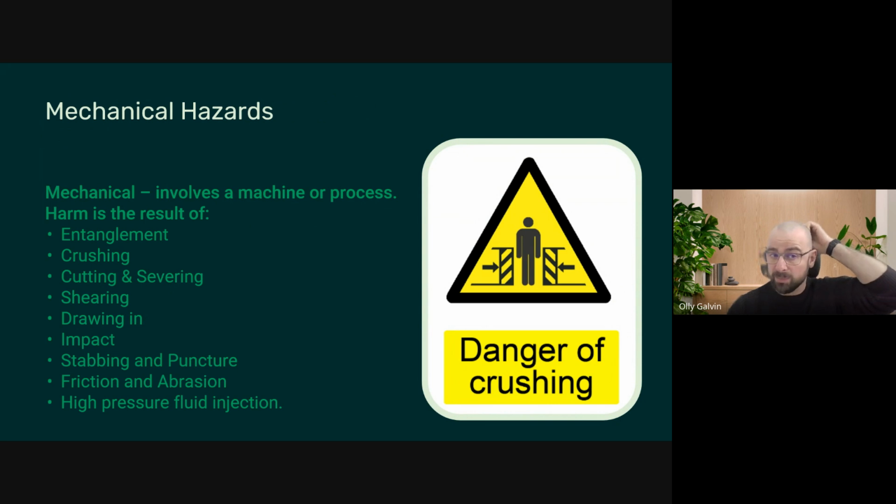And then high pressure fluid injection. If you think about hydraulics, some of the hydraulics in a telehandler, to give you an event specific example, high pressure fluid injected into the skin, causing all sorts of harm and injury that way.